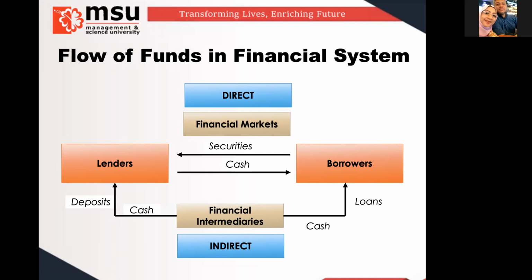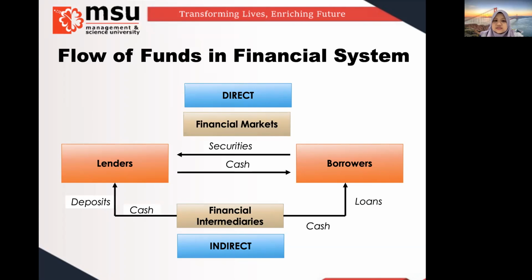So in the direct financial market, lenders just give a loan to borrowers with interest. It can be bonds, it can be shares, it can be any other financial securities, financial instruments.